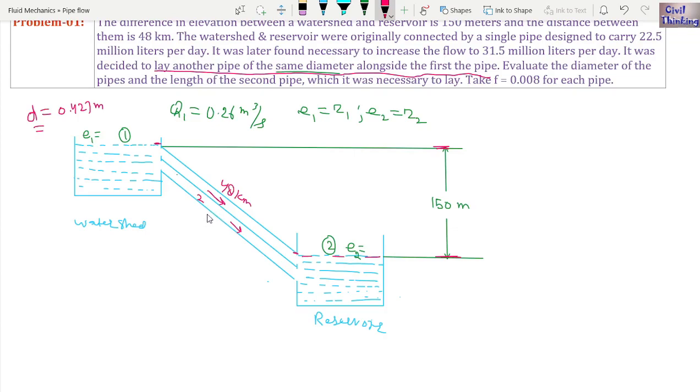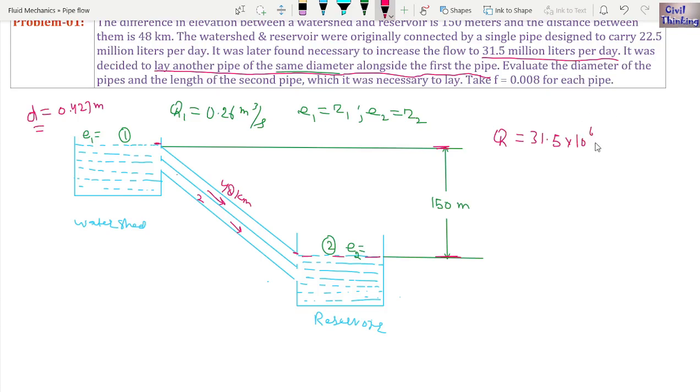We have to design the length of this pipe so that the discharge is, where is it? It was later forecasted to increase the flow to 31.5 million liters per day. We had to choose the length of this pipe so that the discharge is 31.5 million liters per day. So let it be Q. It is 31.5 million, million is 10 to the power 6 liters per day, right?